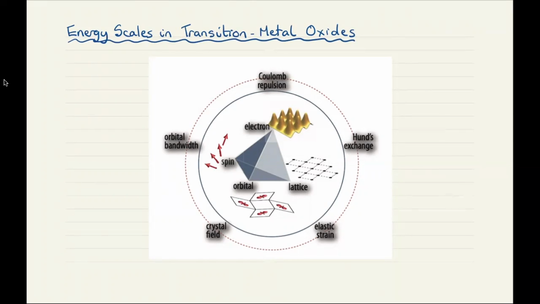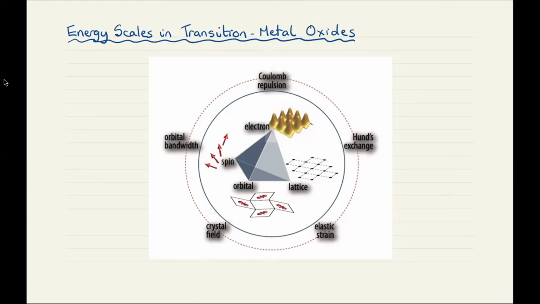And what's shown, what's represented, are the Coulomb repulsion between the electrons, the crystal field splitting, the splitting into the t2g and the eg orbitals, the bandwidth, the magnetic interactions, and any strain either provided externally or as a result of effects such as Jahn-Teller distortions or breathing of oxygen octahedra.